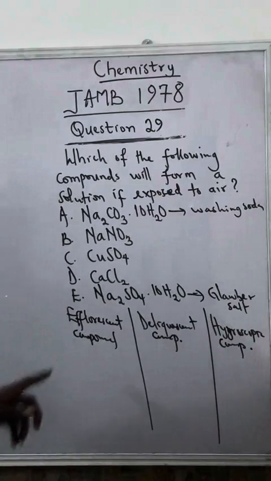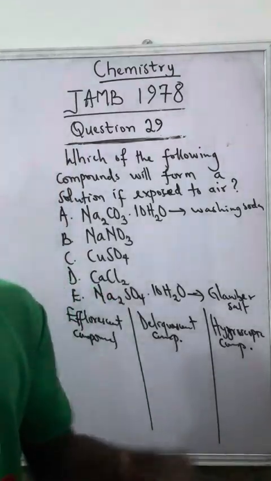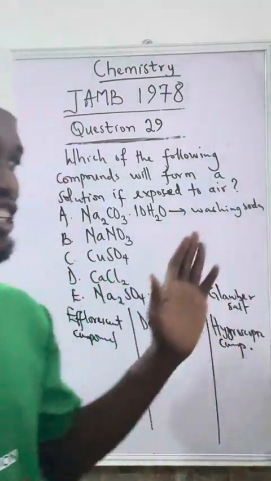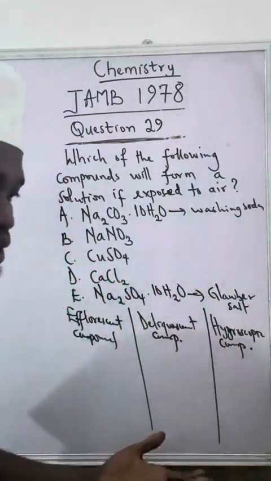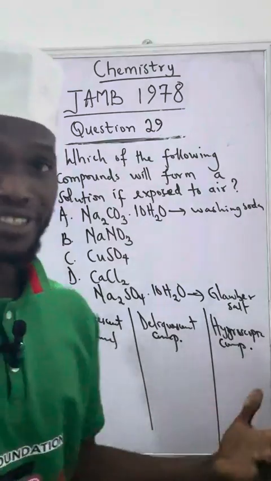So, first of all, efflorescent compounds are those compounds that lose their water of crystallization when they are exposed to the atmosphere. They lose a part or the whole of their water of crystallization.